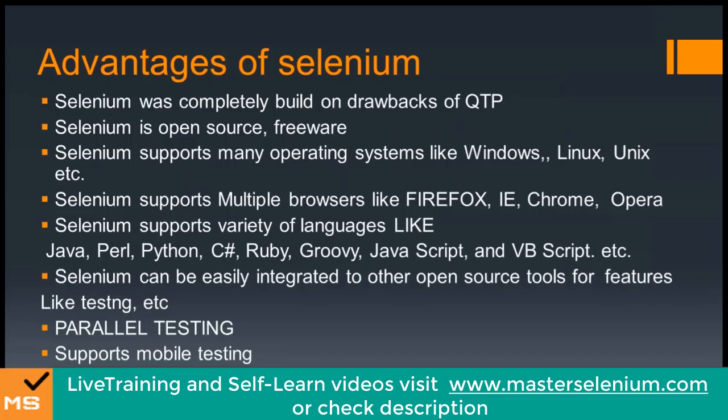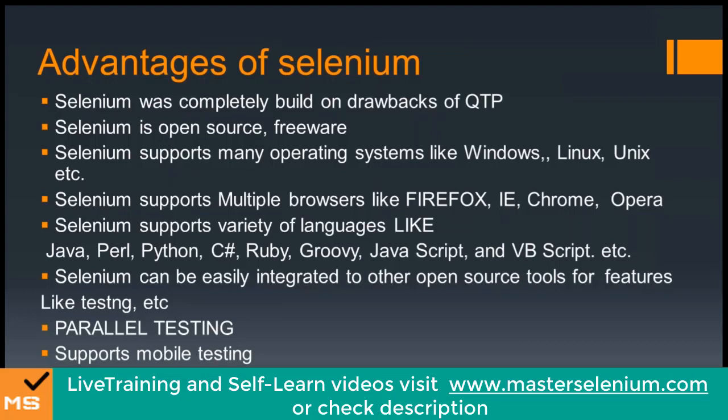So what are the advantages of Selenium over other automation testing tools? My intention is to explain the advantages of Selenium, which means I need to compare Selenium with some other tool. That's the reason I'm going to compare it with QTP or UFT. It doesn't mean that to learn Selenium you need to have an idea about QTP. It's not at all like that.